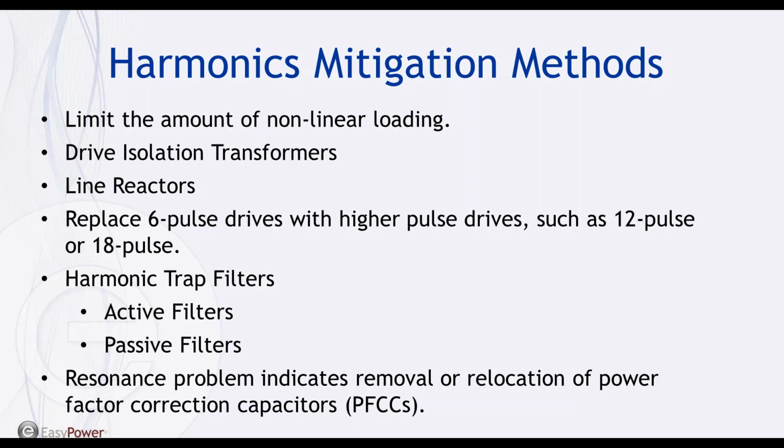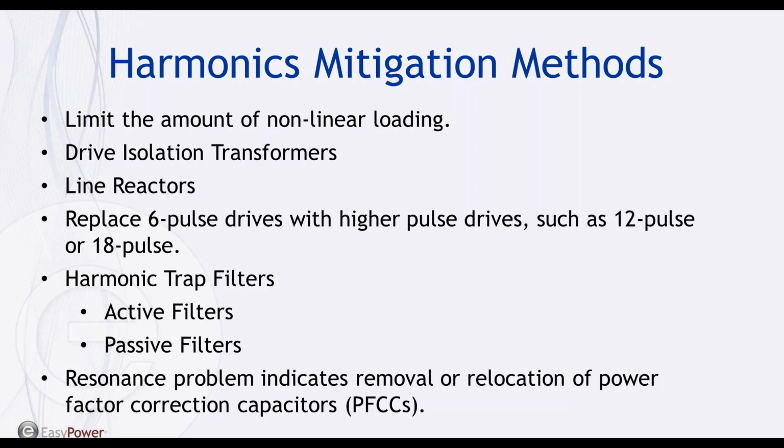Harmonic filters can be used to mitigate problems as well. They're used in applications with a high nonlinear load to overall system ratio to eliminate the harmonic currents. They can be tuned to a specific harmonic, such as the 3rd, 5th, 7th, 11th, etc., to meet the requirements of the IEEE 519 standard.